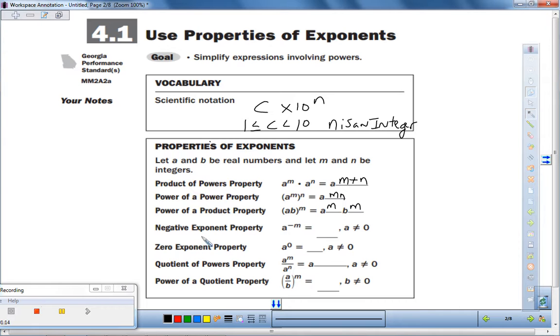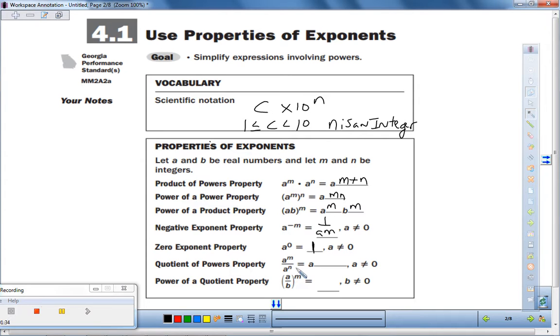Okay, then if we have a negative exponent, to get rid of the negative exponent, we put it underneath like this, a to the m. Okay, a cannot equal 0 though. Zero exponent property: anything to the 0 power is 1. So we end up with a to the 0 is equal to 1, but a can't be 0.